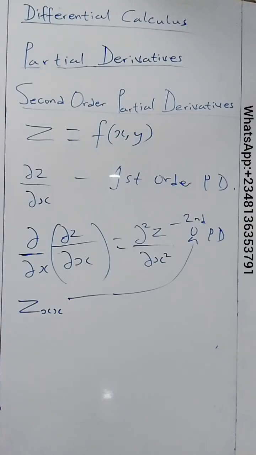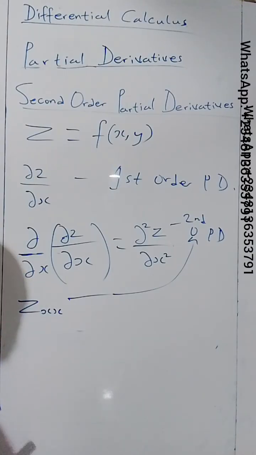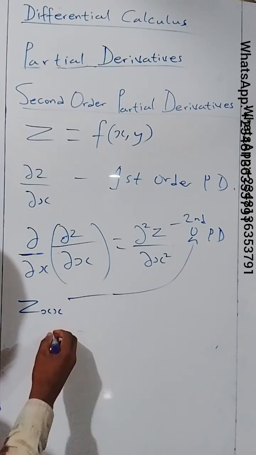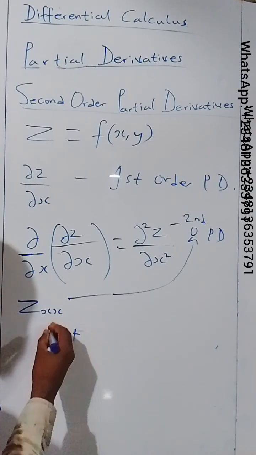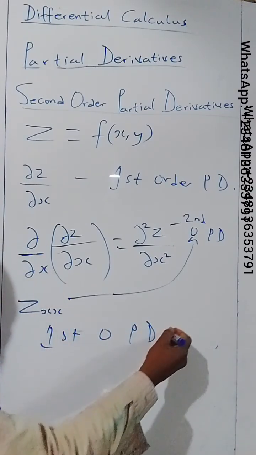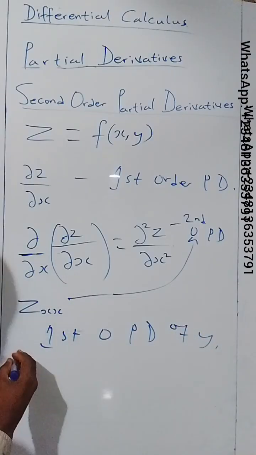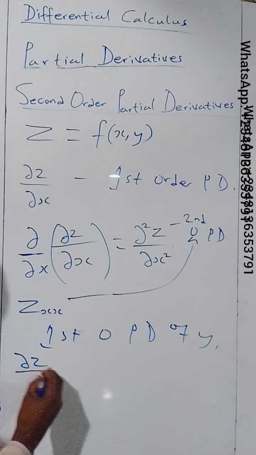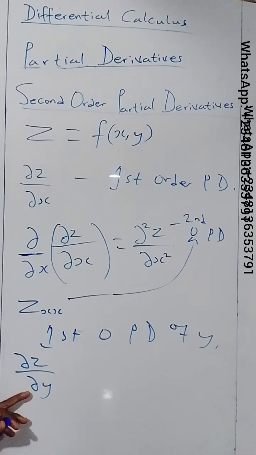What of the situation whereby I want to find the partial derivatives of z with respect to y? You will recall that the first order partial derivative with respect to y is given as the partial derivative of z with respect to y.